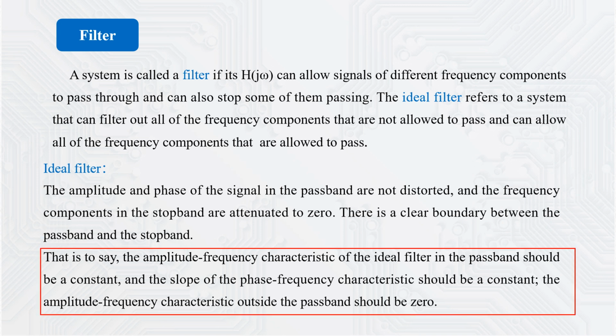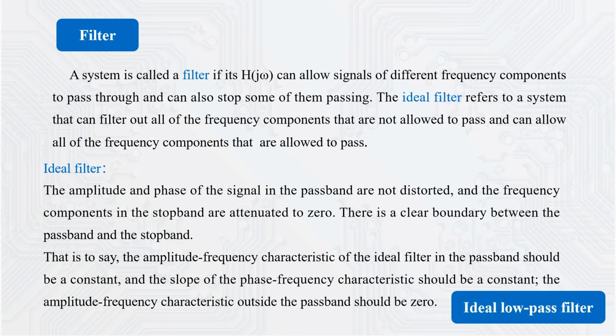In other words, the amplitude frequency characteristic of the ideal filter in the passband should be a constant, and the slope of the phase frequency characteristic should also be a constant. The amplitude frequency characteristic outside the passband should be zero. This is the concept of the filter. As for the content of the ideal low-pass filter, I will give you a further explanation in the next lecture.